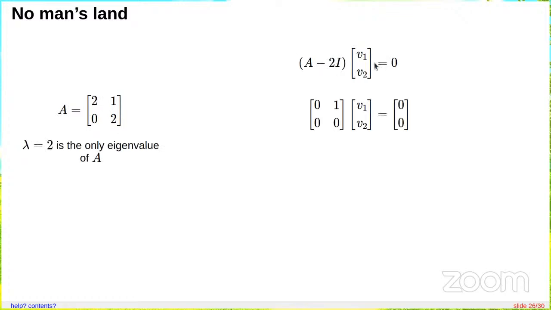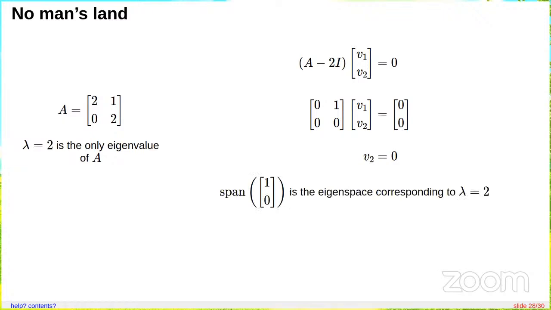You get the equation v2 equal to 0, which means v1 can be anything. So you're characterizing all possible eigenvectors corresponding to lambda equal to 2 as the span of (1, 0). For this matrix A, there is only one eigenvalue, and every eigenvector corresponding to it will be in this set.